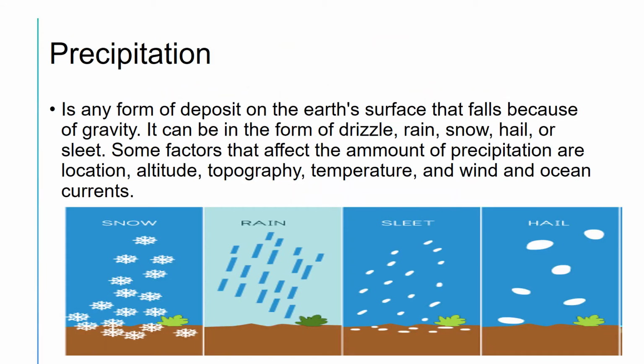So, we have precipitation. It is any form of deposit on the Earth's surface that falls because of gravity. It can be in the form of drizzle, rain, snow, hail, or sleet. Some factors that affect the amount of precipitation are location, altitude, topography, temperature, and wind and ocean currents.